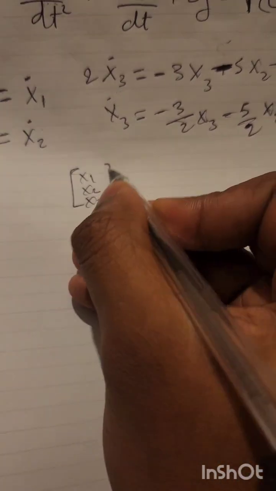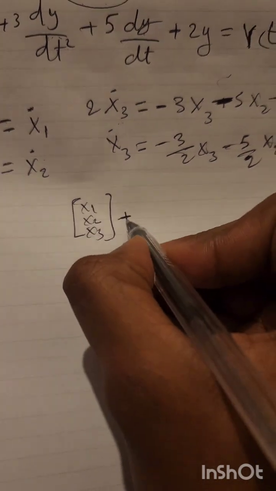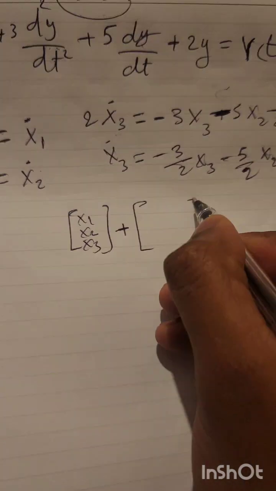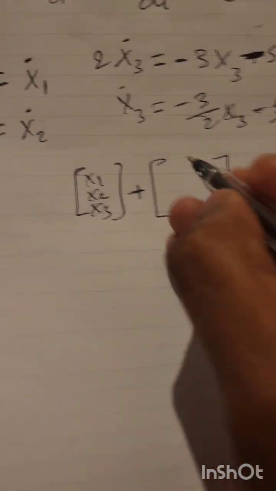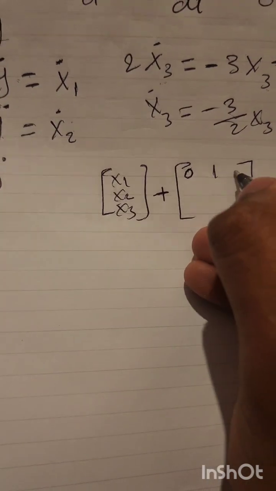Let's represent it in matrices. So we have x1, x2, x3, the first matrix. We have plus sign and 3 by 3 matrix, and we have here 0, 1, 0.